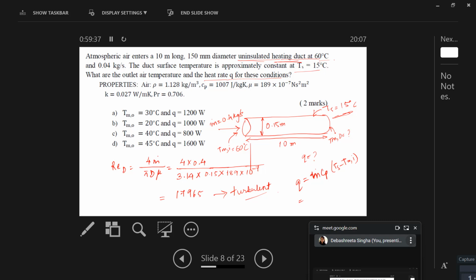So we get this as m is 0.4 into cp 1007 into Tmo minus Tmi.